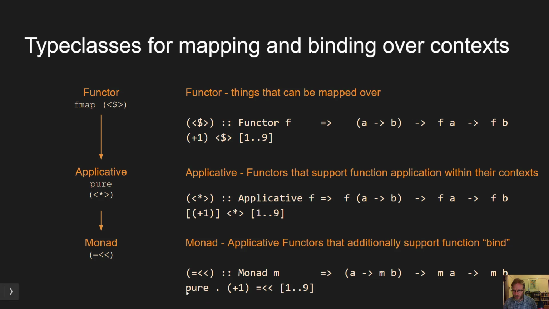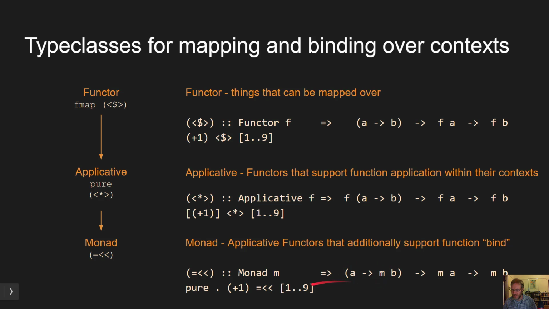In our example of the flipped bind, we've simply composed the pure function with our little function that adds 1 to a number. And so that's now given us a function that has this type. So it takes a value and it puts it using pure into the monadic context. And so there's our function that has this type.